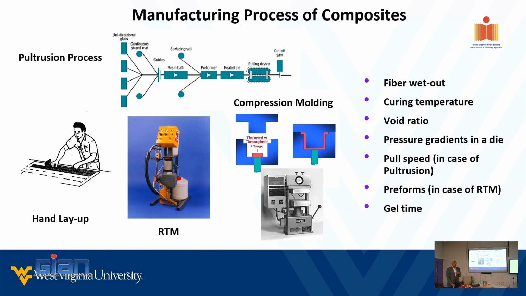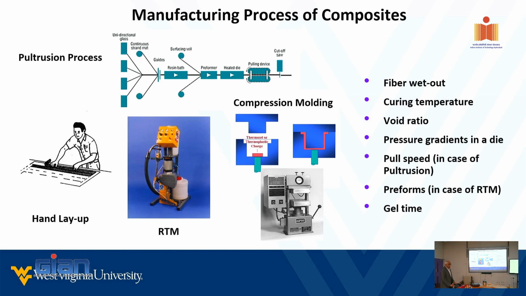The max we could go, and that too with a unidirectional fiber, is 70 to 71%. With a fabric, if you go up to 62 to 64% by volume, you are extremely lucky.